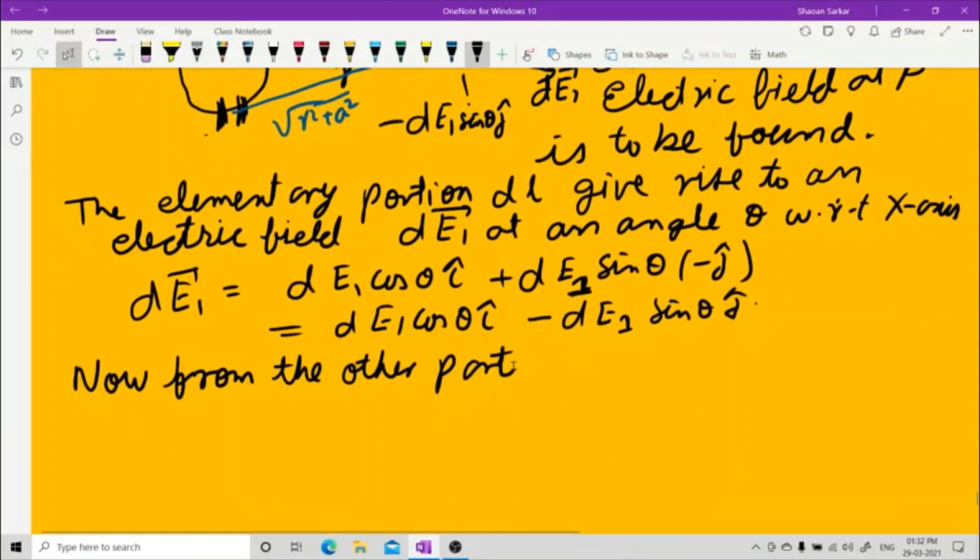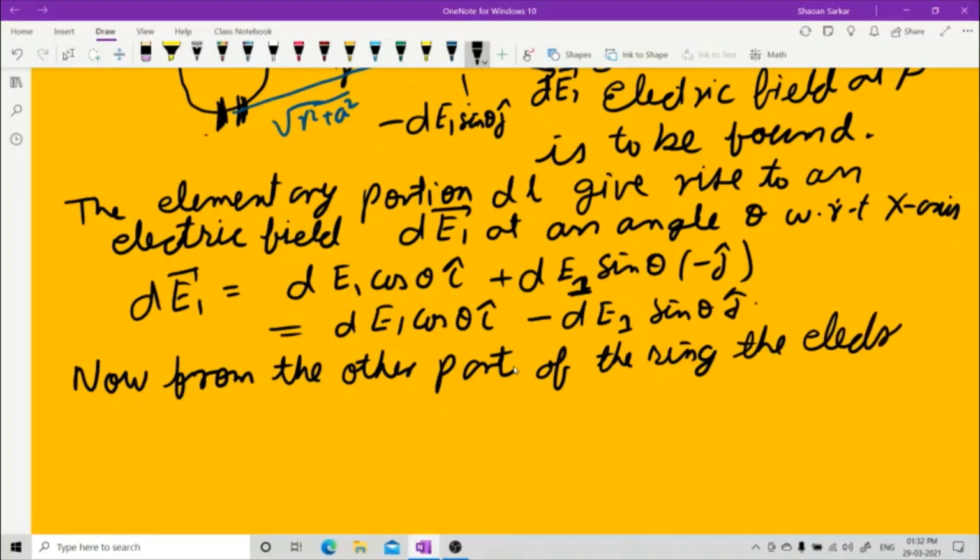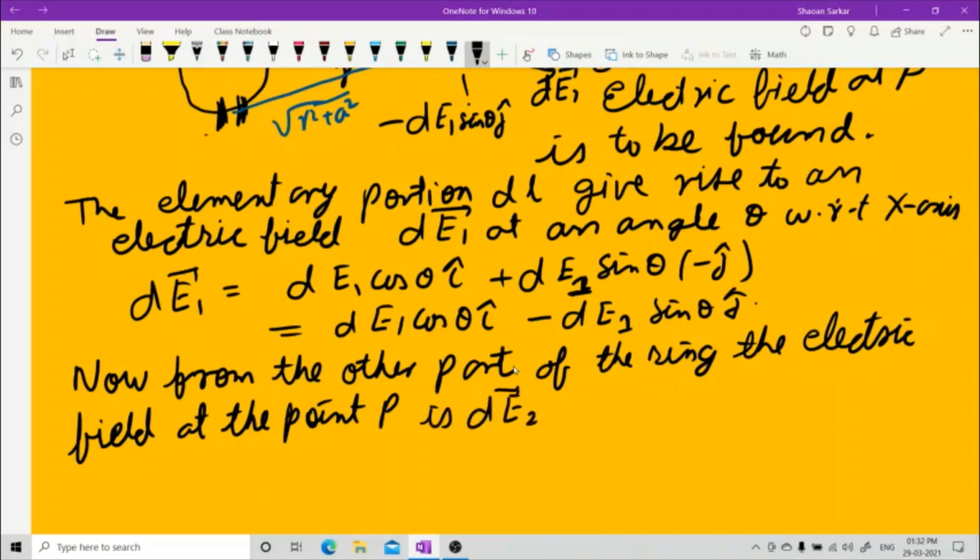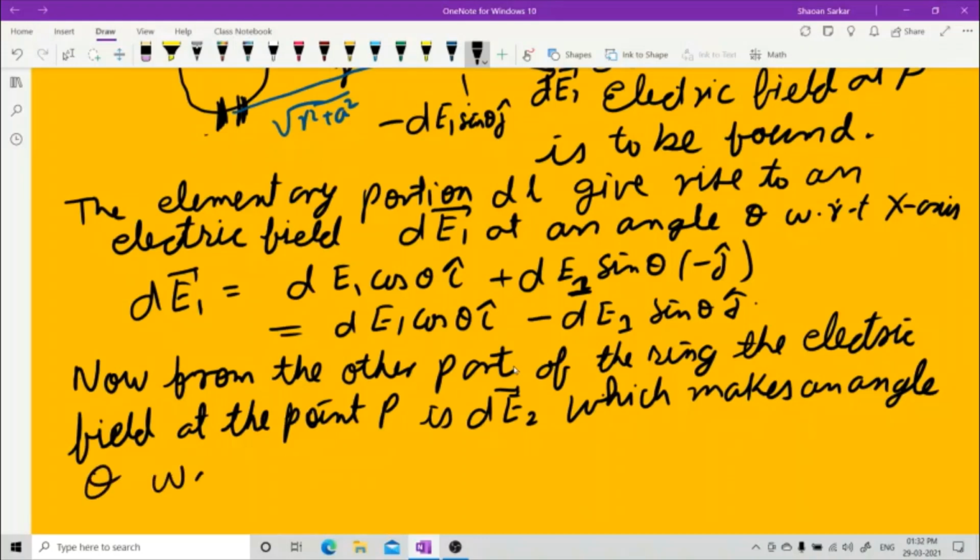Now from the other part of the ring, the electric field at the point P is dE2, which makes an angle theta with respect to the x-axis.